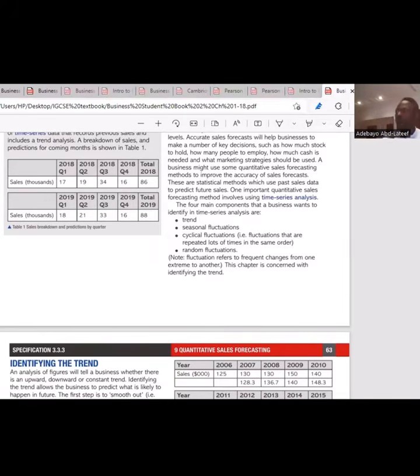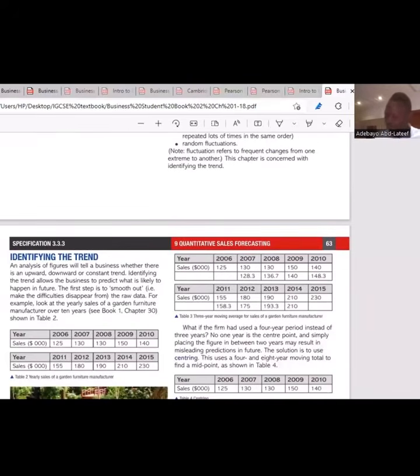In August, we make 10,000 sales. In December, we make 10,000 sales. In November, we make 10,000 sales. So these things happen concurrently, in order. That is what we call cyclical. Then we have the random fluctuation, which is the same as random variation.